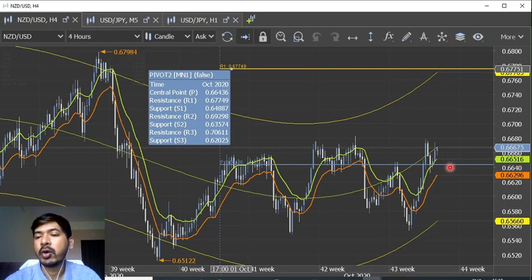So we have plenty of room for the NZD to run higher, and that is going to give us excellent risk reward ratio also.